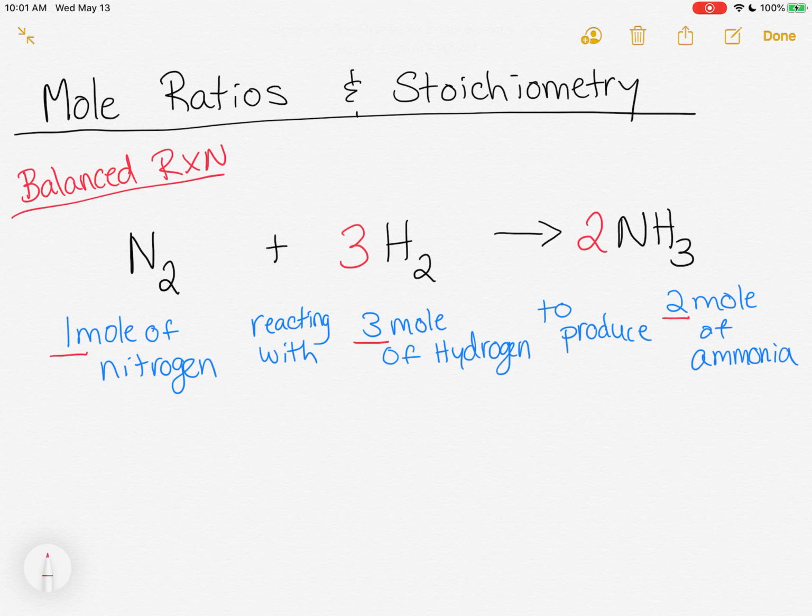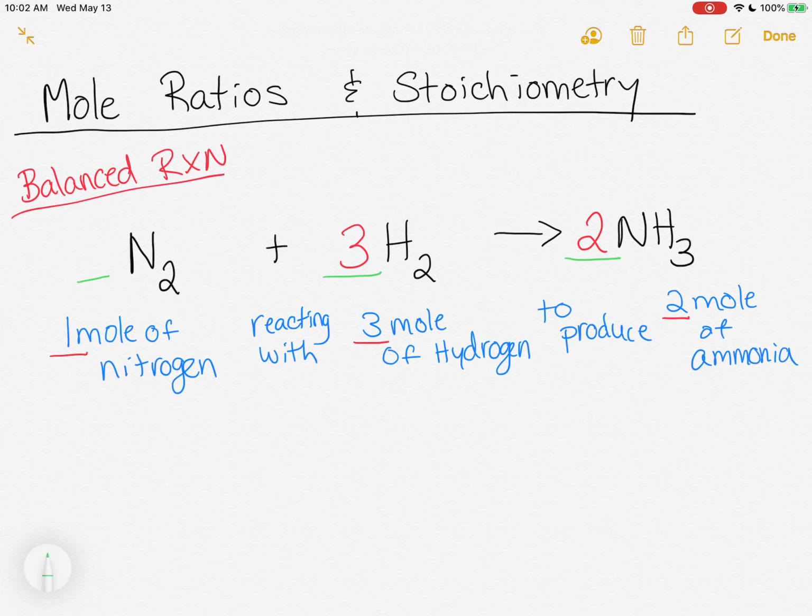And so those numbers, 1 mole, 3 mole, and 2 mole, those are coming from our balanced reaction. So those are coming from the coefficients in our balanced reaction. So this is called a mole ratio. 1 mole of nitrogen requires 3 moles of hydrogen to produce 2 moles of ammonia.